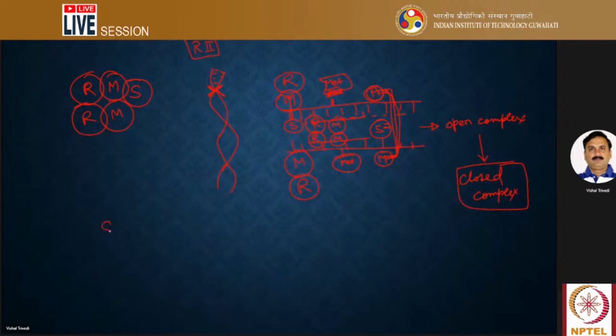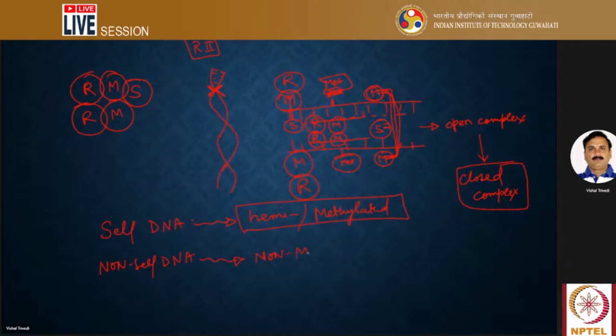Now, the self DNA versus non-self DNA. So the self DNA is going to be either hemimethylated or fully methylated. That's how the self DNA is protected from the action of the restriction enzyme, whereas the non-self DNA is going to be non-methylated.